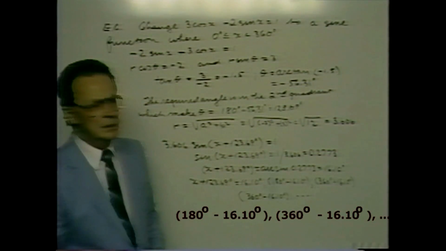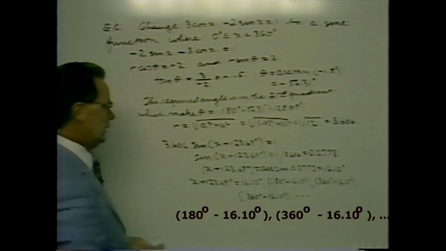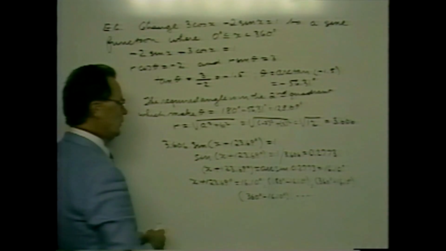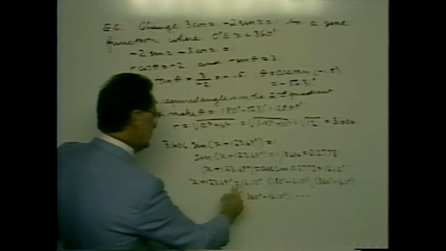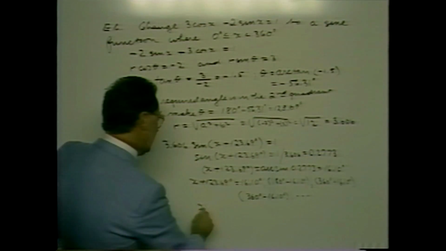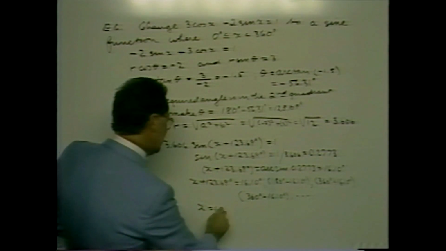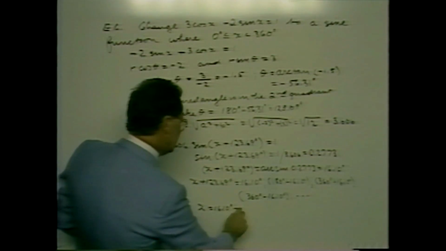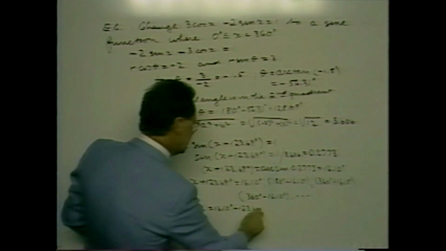So let's take a look at what occurs when we take 16.10 as a value. X equal to 16.10 degrees minus 123.69 degrees.